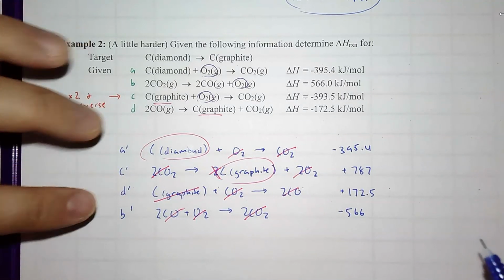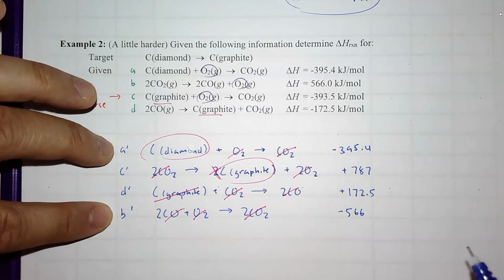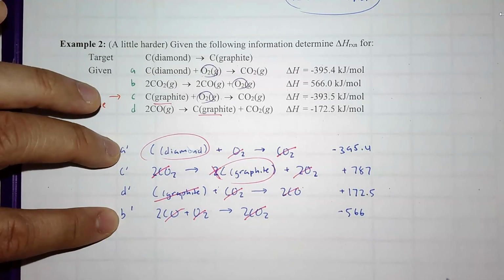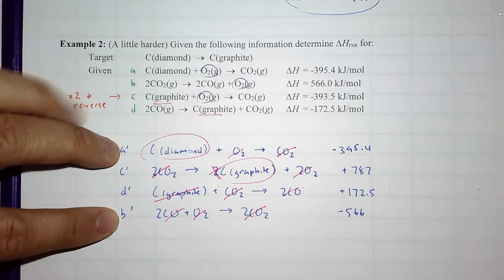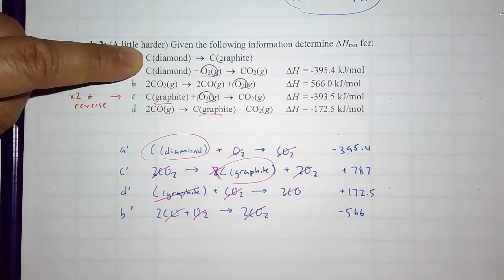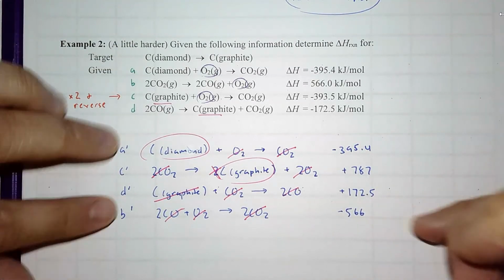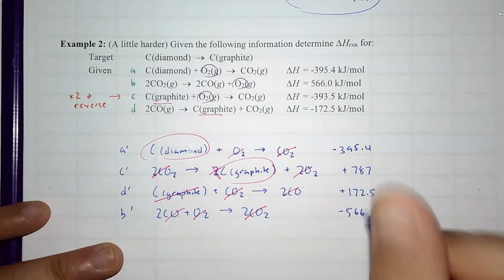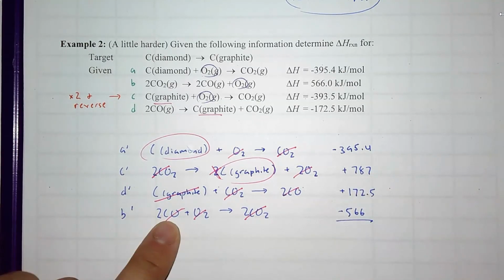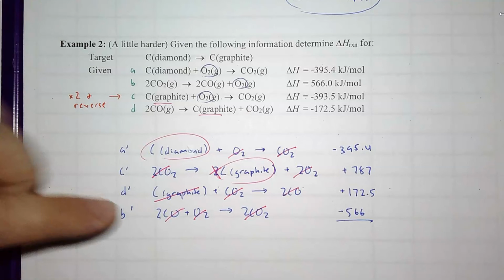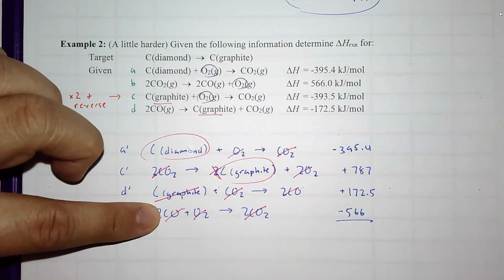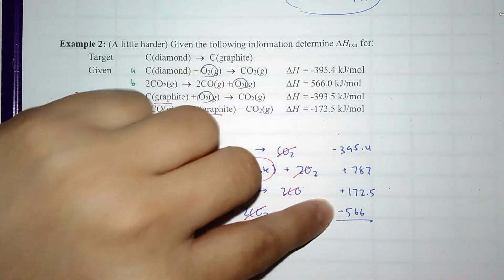Because we added these 4 individual step reactions and we got the target reaction, you have to add up the 4 delta H's of those 4 reactions that you added. Even though we canceled out everything here, you're using it because we had to add this reaction. You have to add this enthalpy as well.